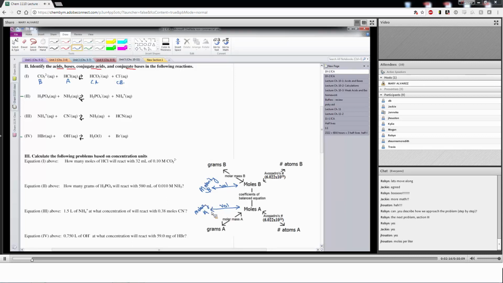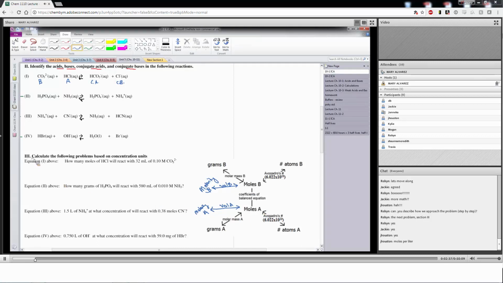Yes, moles per liter. Excellent. So if I have moles and I know volume, I can put that in liters. I can determine molarity, which is moles per liter. Or if I'm given molarity, I can use volume to go back and find moles. And now that I'm plugged into my roadmap, I can find whatever the heck else it is that I'm looking for. That's what section 3 is about.